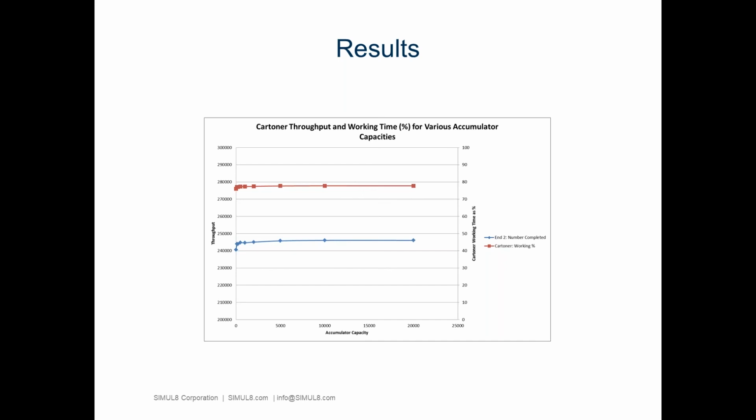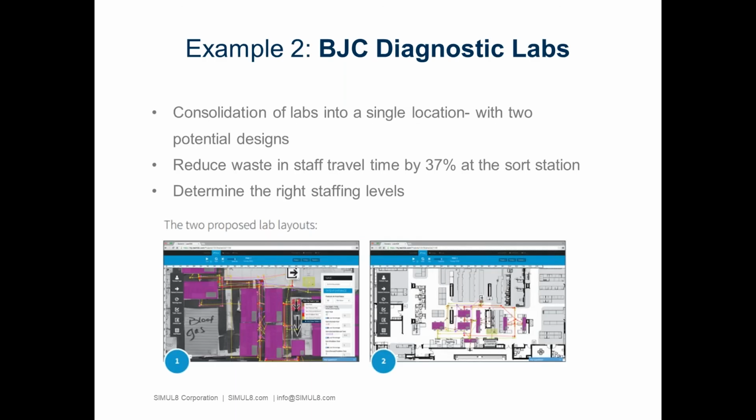One example of this was a large pharmaceutical client we were working with, and they were looking at the effect of positioning an accumulator ahead of a cartoner and then testing that with different throughput rates, and with various capacities for the accumulator, to try and decide: if we reconfigure this, what capacity should we go with.